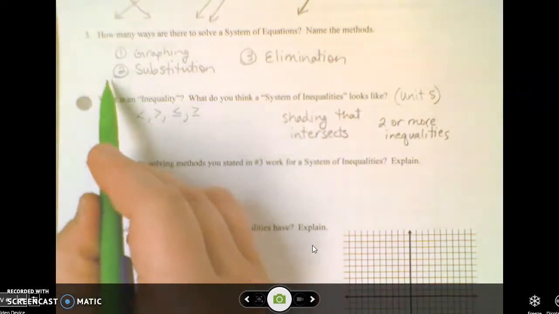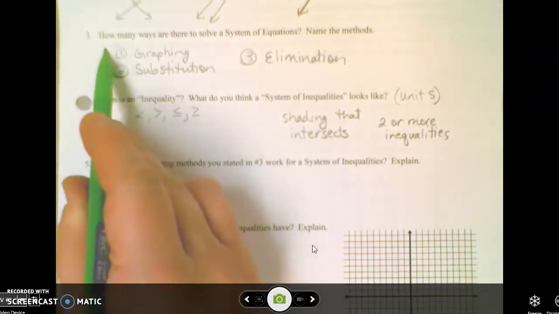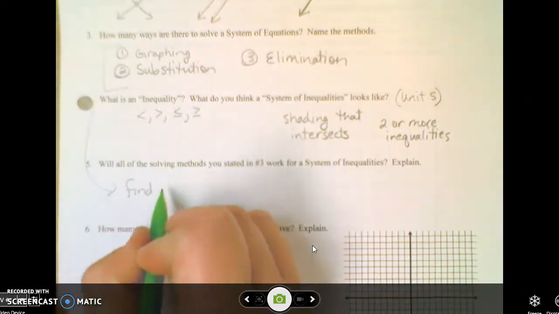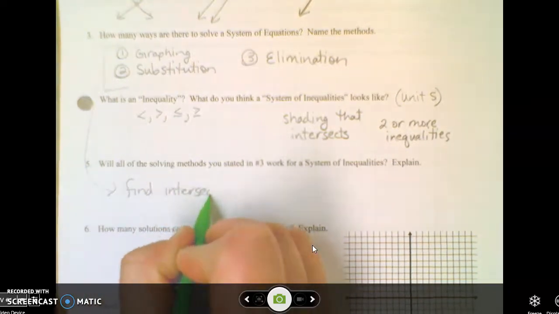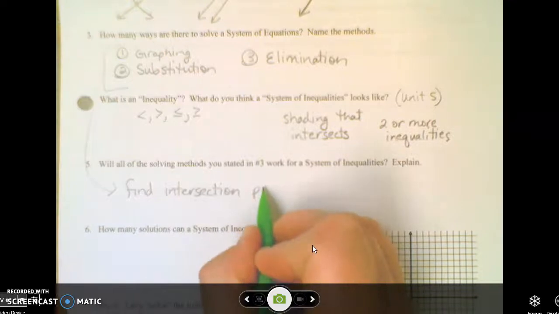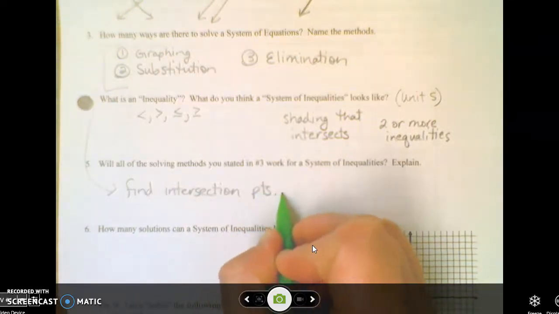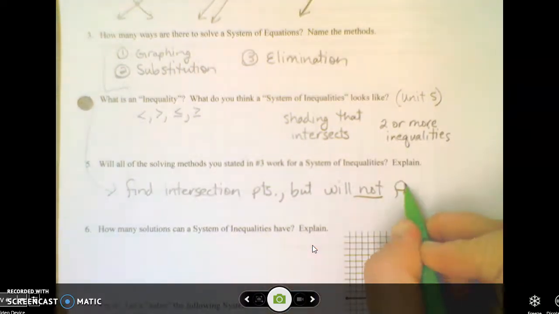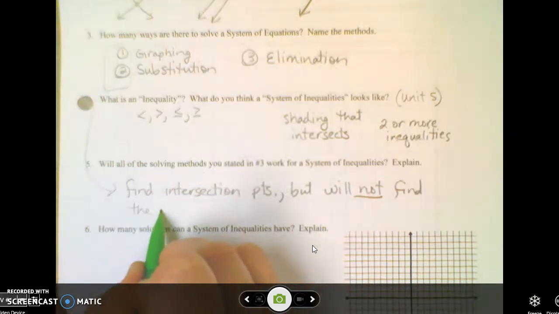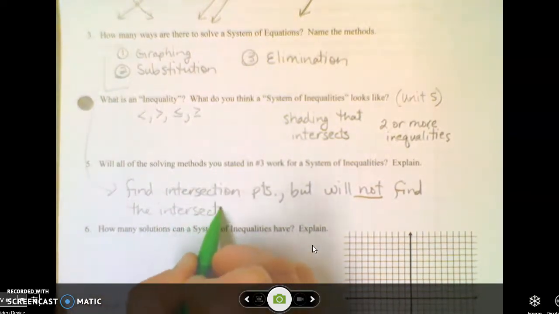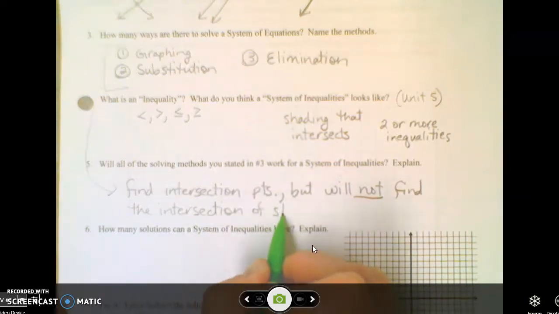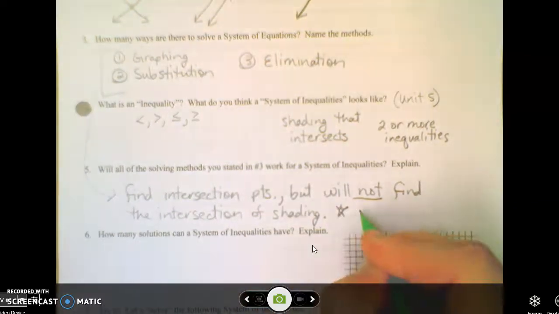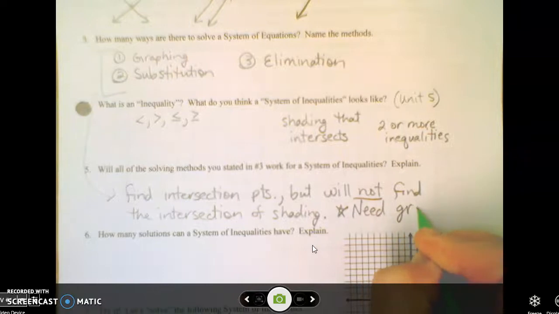The methods that we talked about up here will find the intersection points, but will not find the intersection of the shading. Therefore, we need the graphing method.